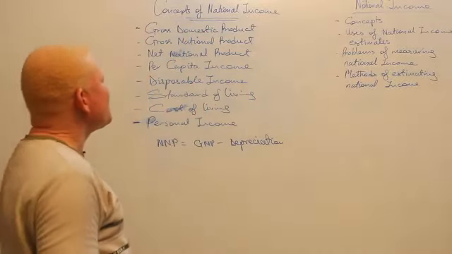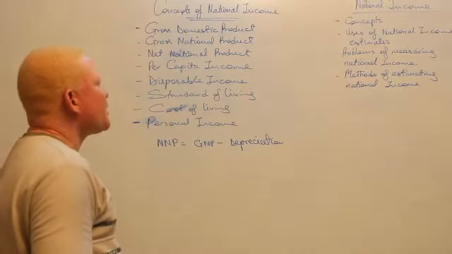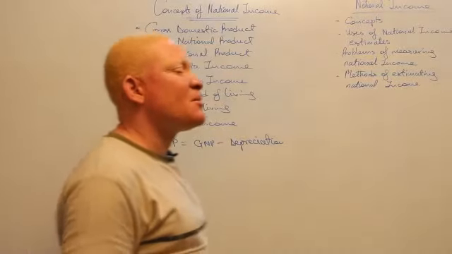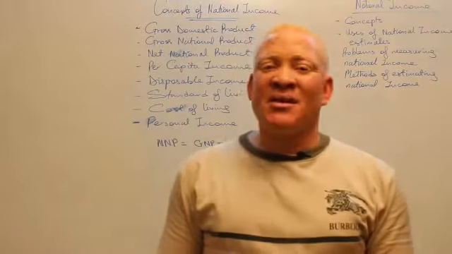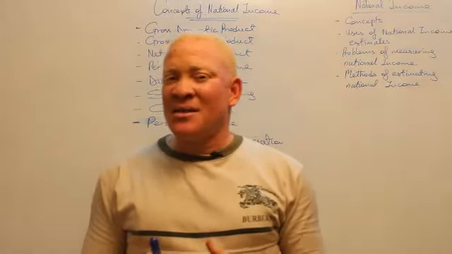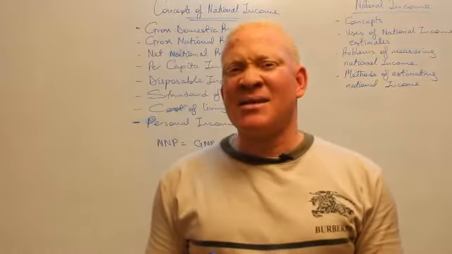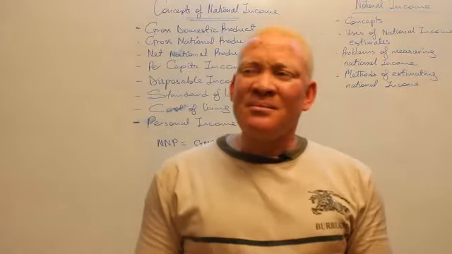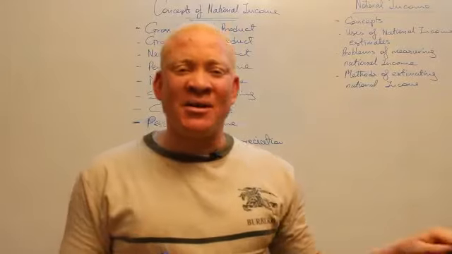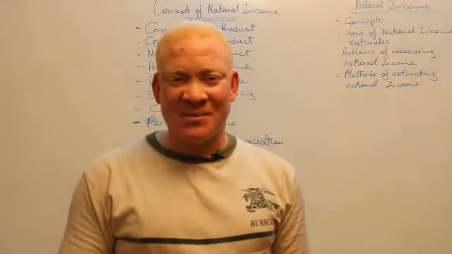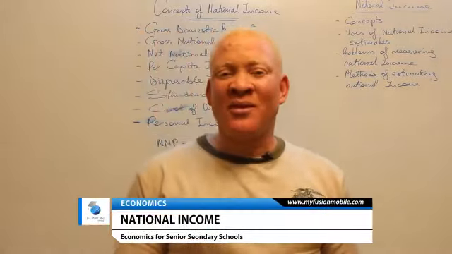Now, the next one is per capita income. Per capita income is the average income earned per head of the population. The assumption of per capita income is that everybody earns an equal amount of money at a particular time or over a period of time.